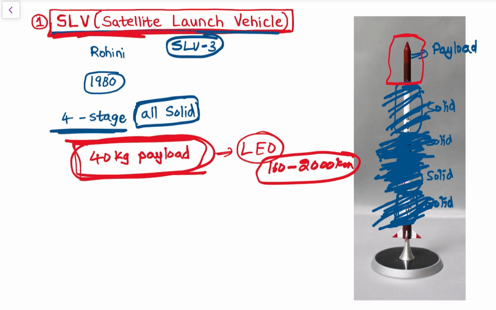So that is the capacity of SLV3. The Rohini satellite or RS1 was launched with SLV3. So the payload is quite low, so we need to improve it.